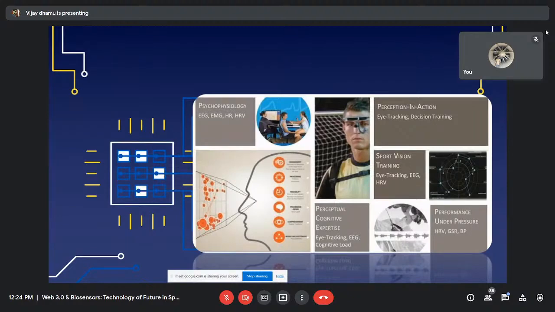Say, for example in Web 3.0, whatever tests are done, the athlete's physiology, biomechanical principles, everything will be recorded and fed into the digital athlete, so that it replicates the physical athlete accurately.